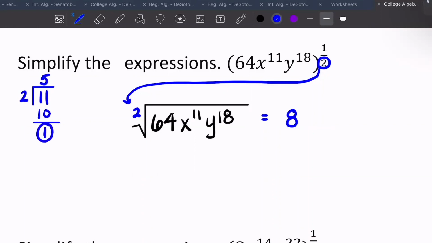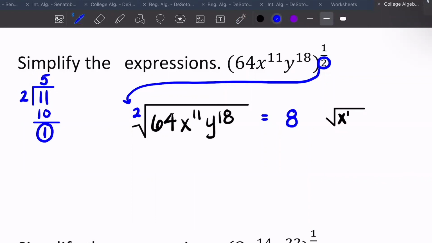Okay, so here's the important part. Whatever is left over has to stay under the house. So we have 1 left over. That means x to the first, one of our x's, is going to have to stay in our house, but it went in 5 whole number of times, so that can come out.